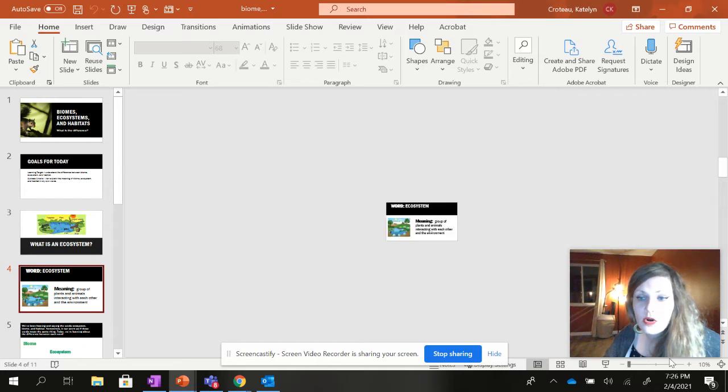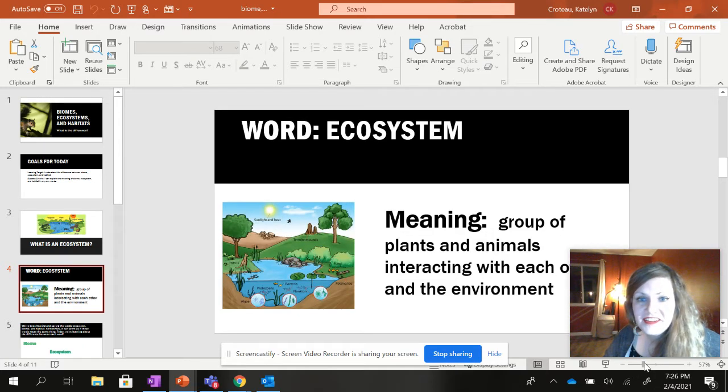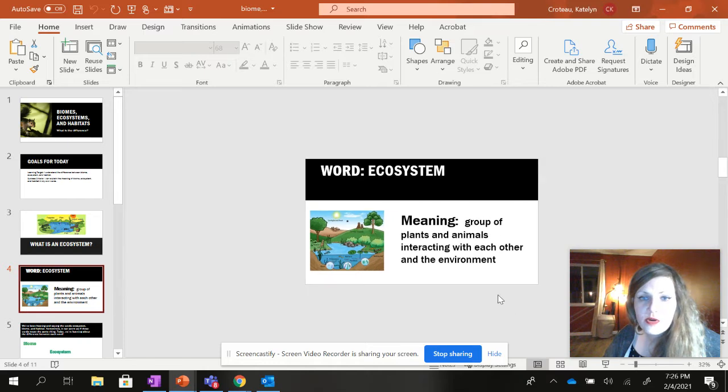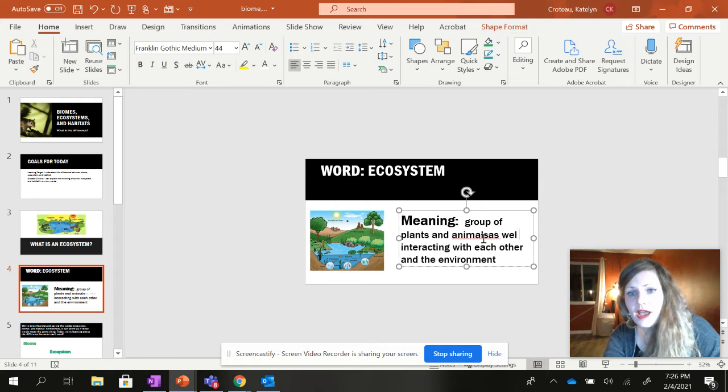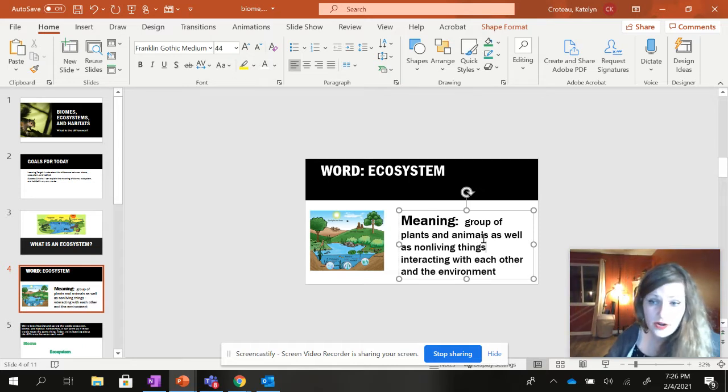It says, whoa, that was not what I wanted to do. It says, a group of plants and animals interacting with each other and the environment. It actually should include non-living things here too, because it's living and non-living. So a group of plants and animals, as well as, I'm going to add to that, as well as non-living things. The thing is, non-living things don't really interact with their environment, but the living things do, right?